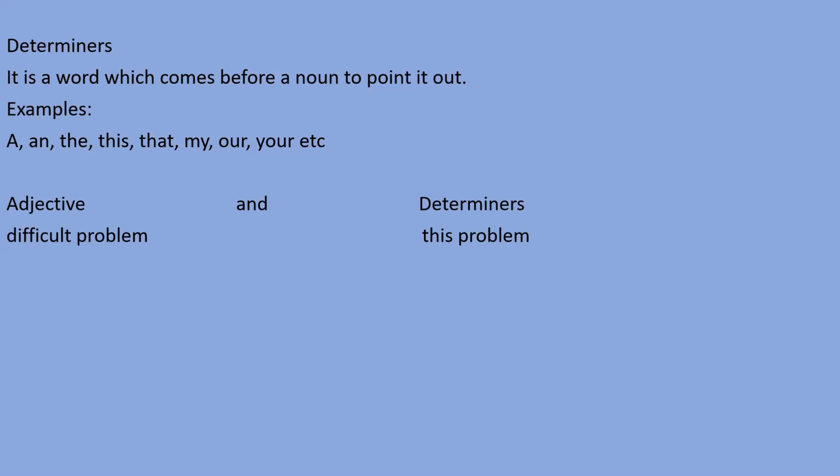Difficult हमें बताता है कि problem किस तरह की है, और this word हमें बताता है कि कौन सी problem है. So whenever we describe any noun, we need to use an adjective, right? But when we need to point out any noun, we need only determiners. So determiners are parts of adjectives, but there is a difference: adjectives describe a noun, but determiners point it out.